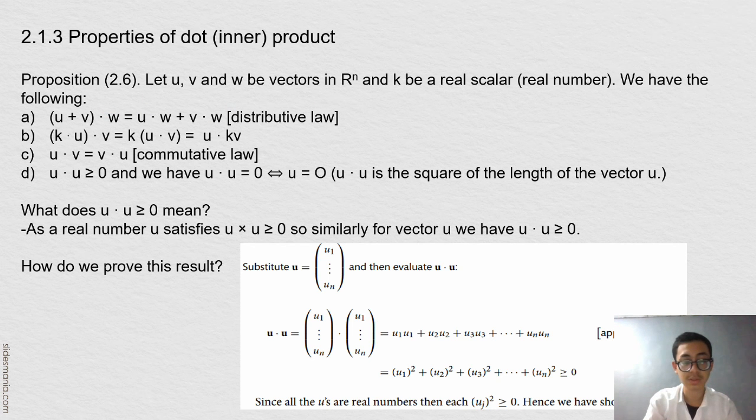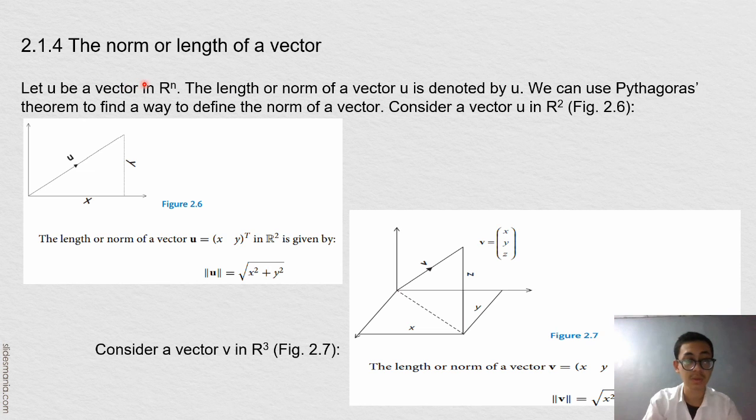Next, the norm or length of a vector. Let u be a vector in R n, and the length or norm of the vector is denoted by the norm of u. We can use Pythagoras theorem to find a way to define the norm of a vector.